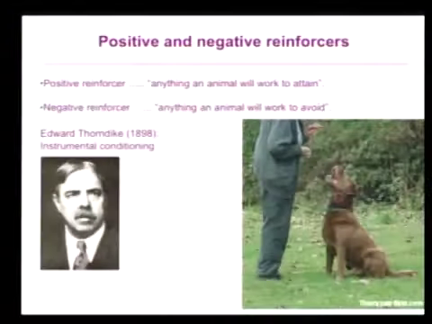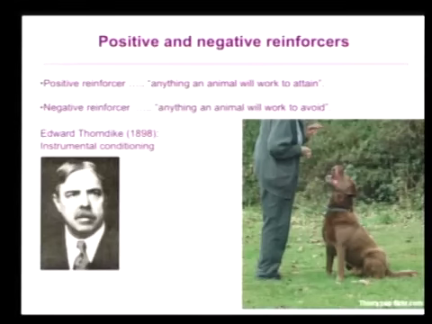Now, another concept, which moves away from economics for a while, is a notion from the psychology of learning, constructs called positive and negative reinforcers. So a positive reinforcer can just be operationalized as really anything an animal will work to attain. Okay? Whereas a negative reinforcer is anything an animal will work to avoid.